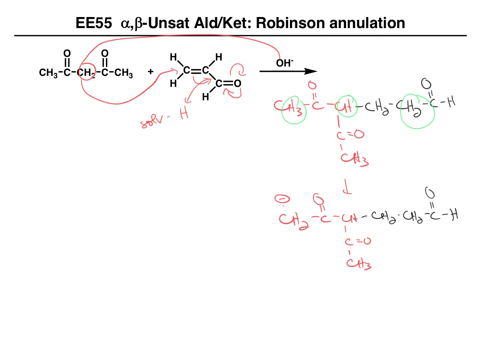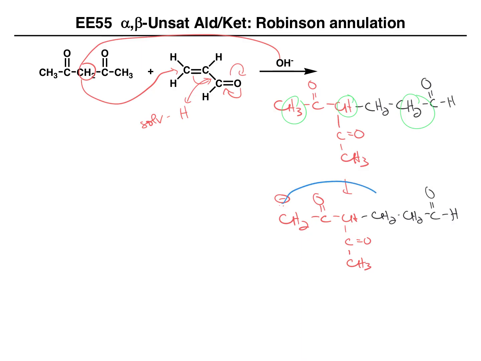Notice we have an aldehyde, and we know that nucleophilic addition to an aldehyde is better than nucleophilic addition to a ketone. Furthermore, our nucleophile is 1, 2, 3, 4, 5, 6 carbons away. So we can get intramolecular nucleophilic addition.